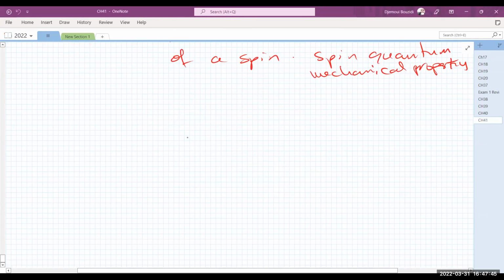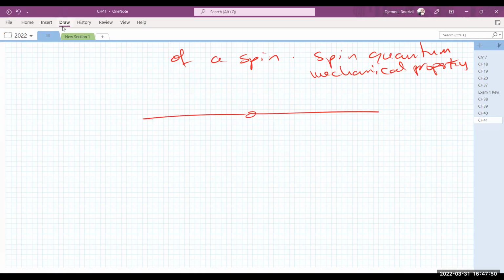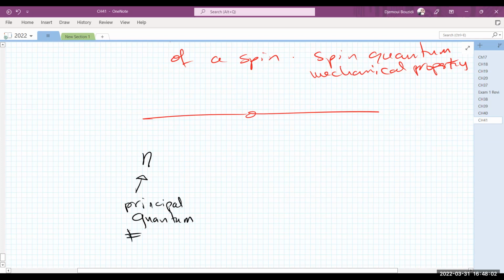So remember, now we have 4 quantum numbers. We have n, the principal quantum number, which is an integer and can have values of 1, 2, and so on, all the possible values.